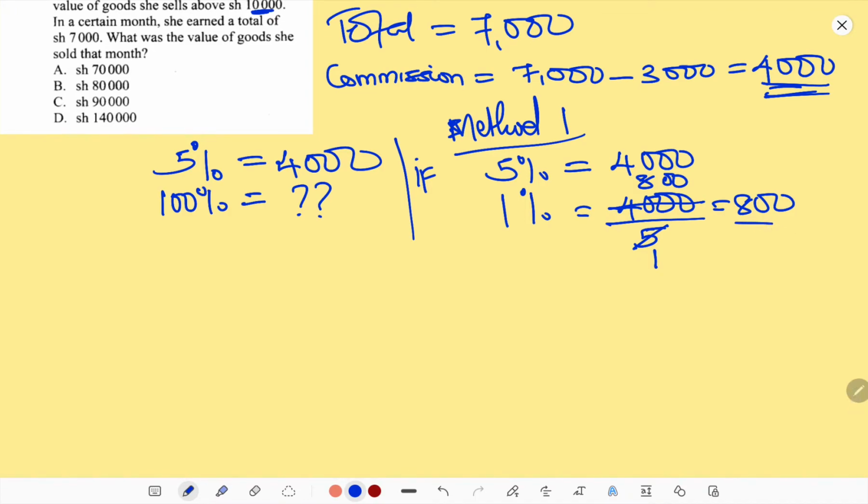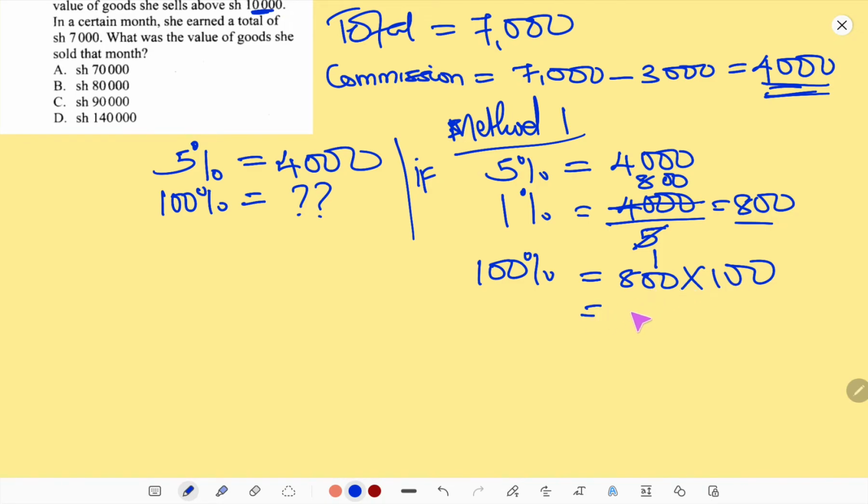Now if 1% is equal to 800 and you want to get 100%, so 100% will be the 800 we multiply by 100.